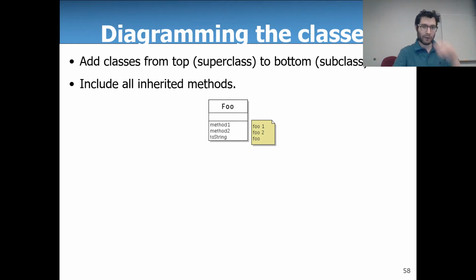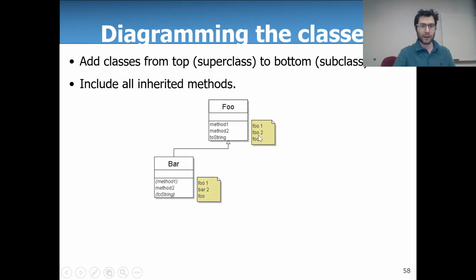We've got foo at the top, and it's got method 1, method 2, and toString, and we note that it outputs foo1, foo2, and foo. Bar has its own method 2, but it gets method 1 and toString from its parent. So if bar gets called, we're going to get foo1, bar 2, and foo.